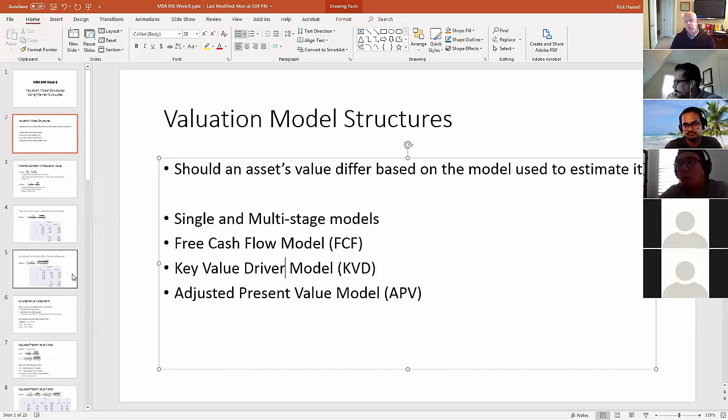By virtue of the fact that they represent different parts of the country and different parts of the world, there might be a reason for different discount rates, and there might be different growth rates. So we might want to think about each of those three areas, Intermountain, Deep South, Europe, as three quasi-separate entities, even though they are all the same company under the same umbrella.